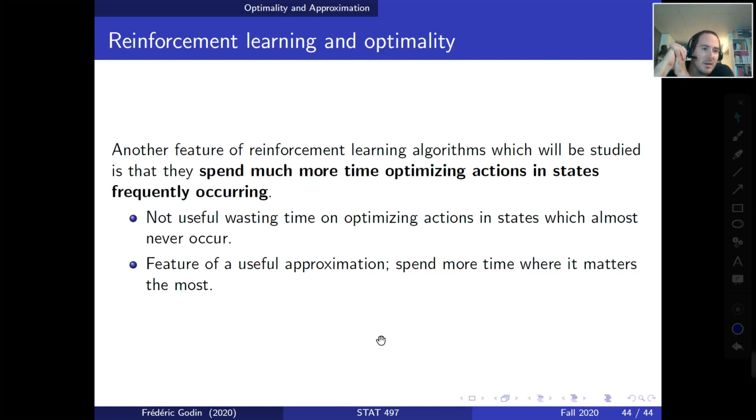If there's a state which is never encountered in practice, why optimize it? The state-of-the-art systems which play chess at a very high level might do very poorly in states that nobody encounters, because they haven't been optimized for these states nobody cares about. They just tend to do very well in states that are very frequent.